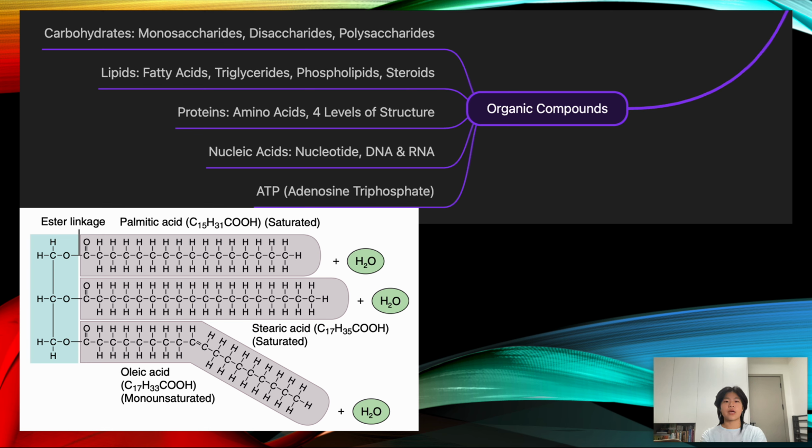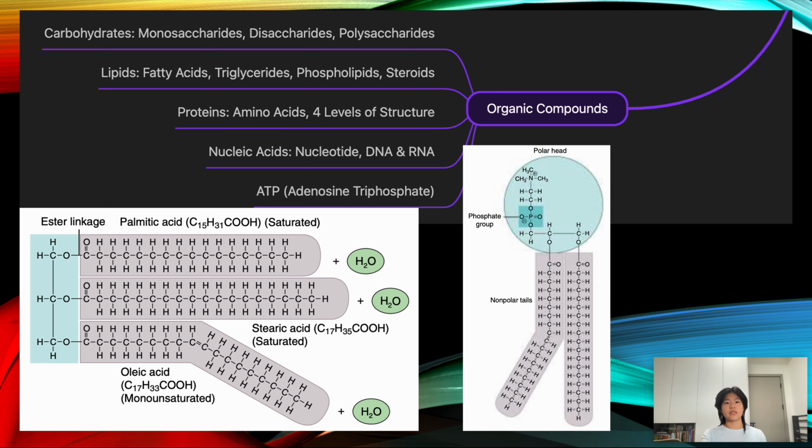Examples of some lipids we have is triglyceride, as shown here. We have 3 fatty acids here. And another really famous example of lipids is phospholipids. So it is present in our cell membrane. We have the phospholipid bilayer.